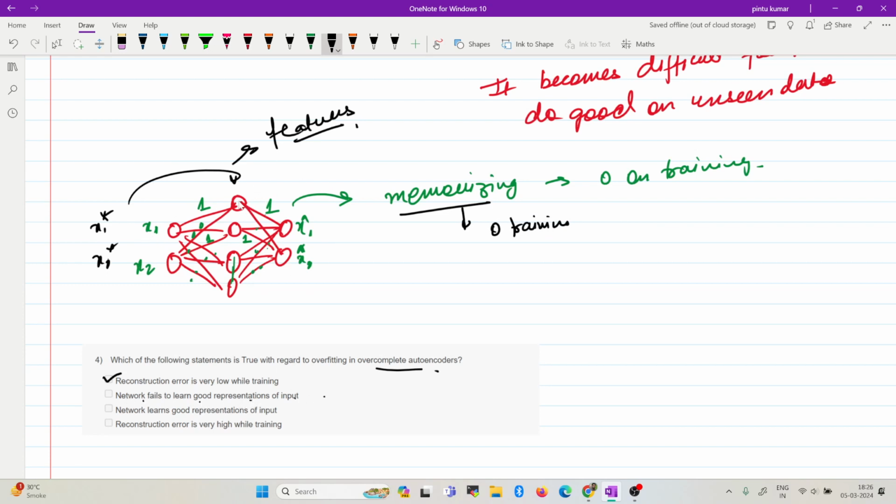That's what I said: the representation it would be learning would again be x1 and x2, and that won't be very good. So this one is also true. The third one, network learns good representation, is false. Reconstruction error is very high while training is again false. So the first two options are correct and the last two are incorrect.